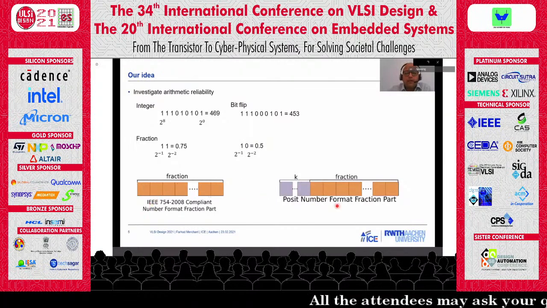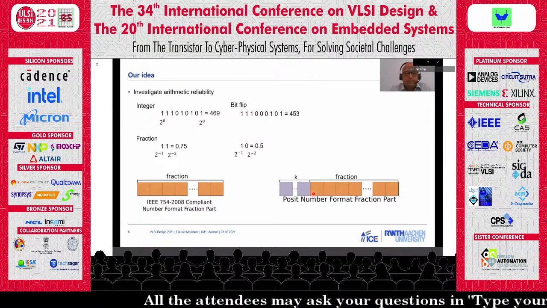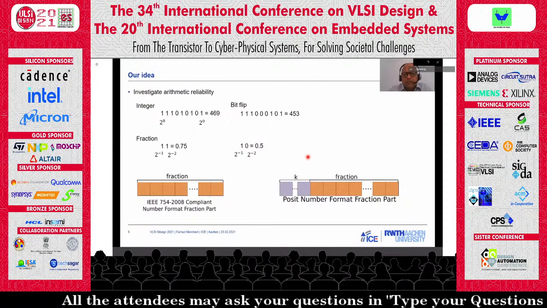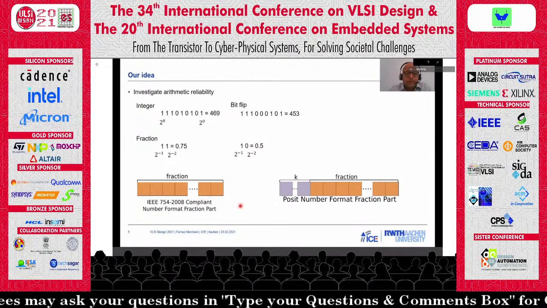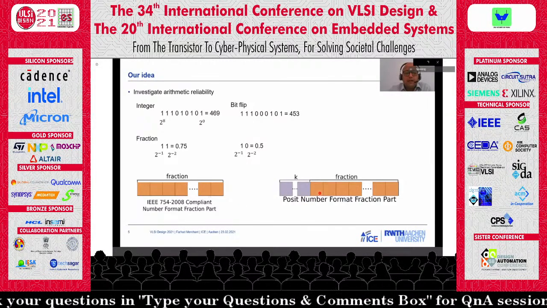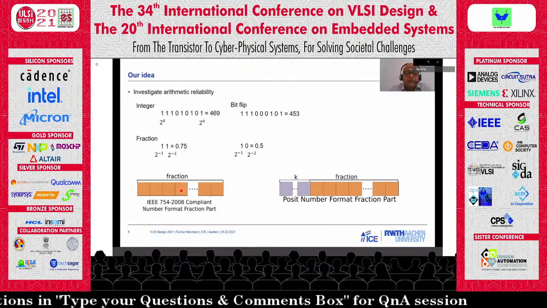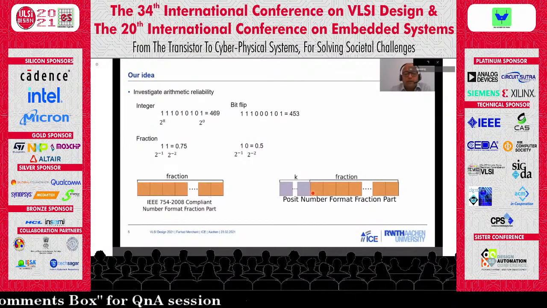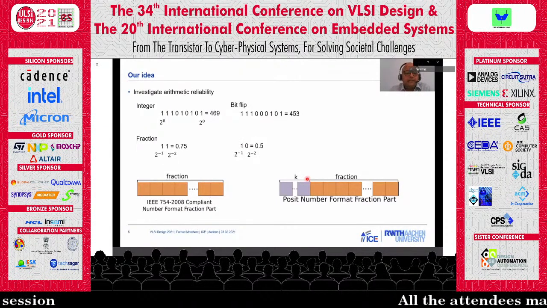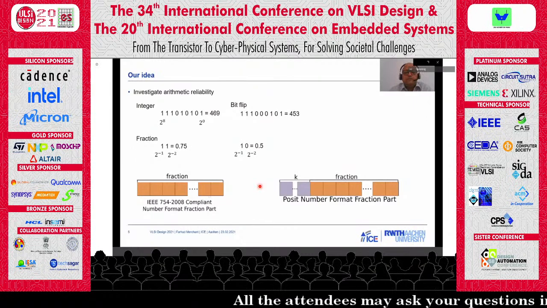For example, if we start from here, and you get a bit flip in the 22nd bit, which is 2 power minus 1, then the weight of that in case of an IEEE 754 compliant number would be 0.5, while in case of POSIT, it could be k plus that position, so that would be much lower than 0.5, and hence the error that you incur because of the bit flip is lower in case of POSIT format.